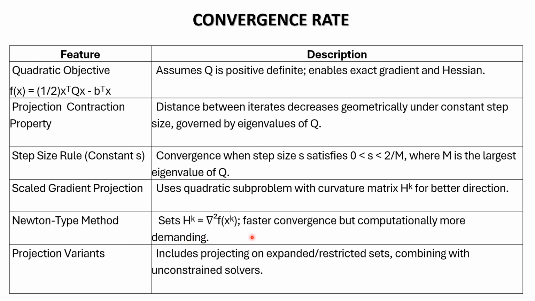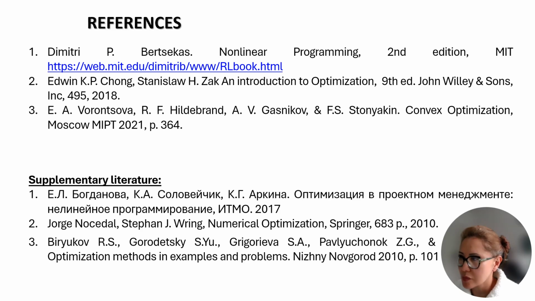We can receive faster convergence, but it is computationally more demanding. And the last one, but for sure we can have many more methods, like projection variants, including projecting on expanded or restricted sets, and combining with unconstrained solvers.